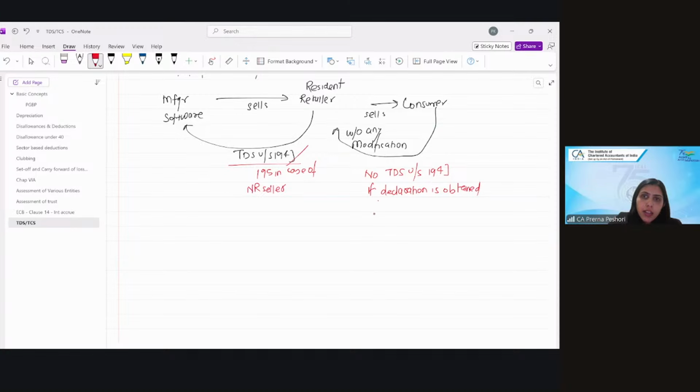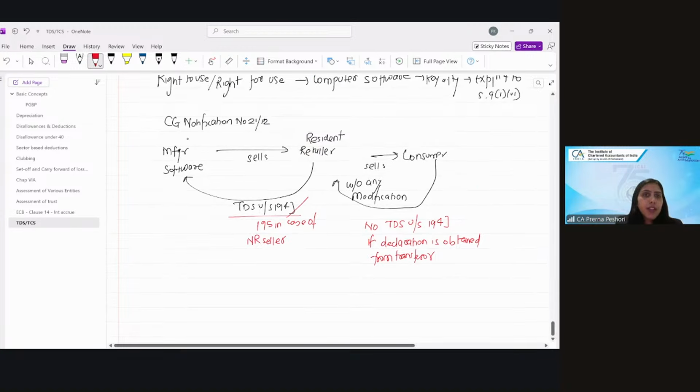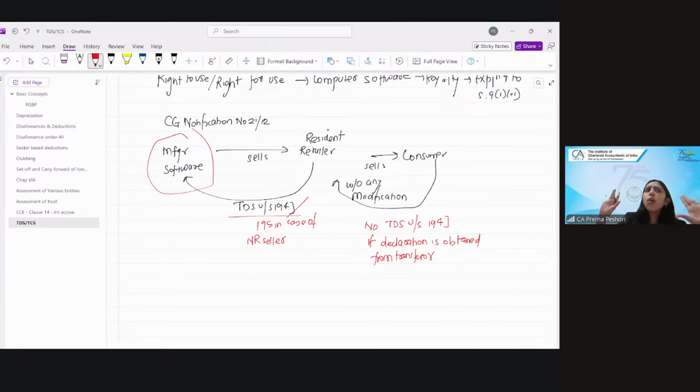Last point. Yes. So, if the manufacturer of software sells to the resident retailer and he has deducted the TDS either under 194J or 195 if the manufacturer was a non-resident, now, again, when the consumer pays to the resident retailer, he need not deduct the TDS under 194J if this retailer has sold the software without undertaking any modifications to the software, and this retailer has already deducted the TDS under 194J or 195, and this retailer furnishes the declaration to the consumer that yes, he has already deducted the TDS and gives the PAN.